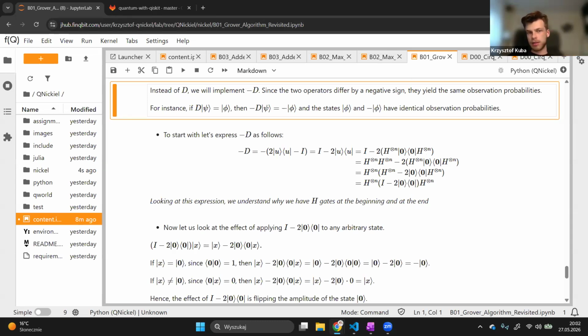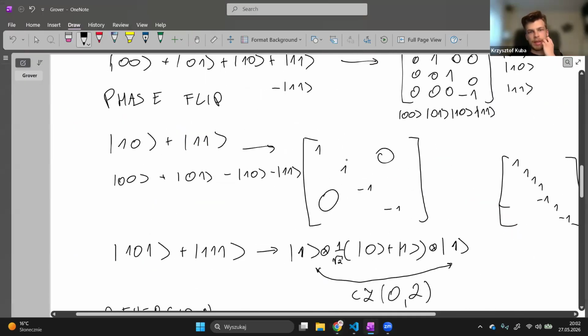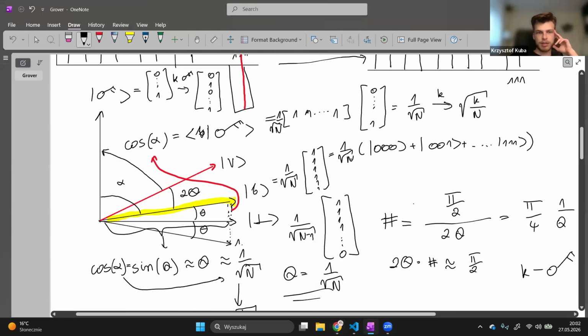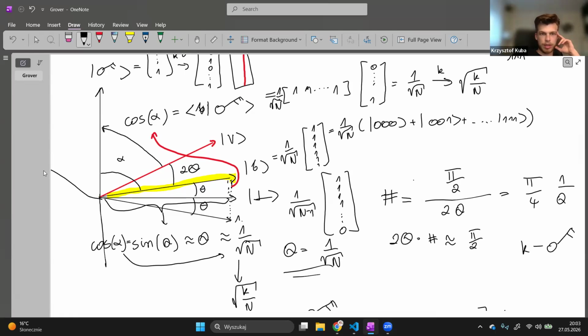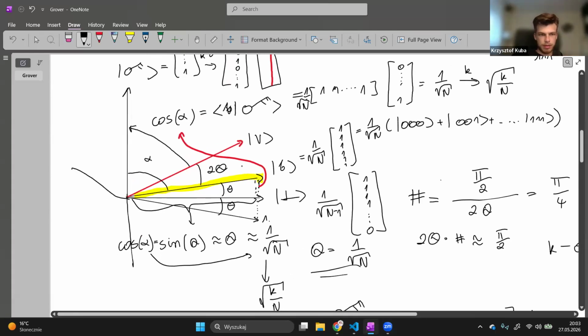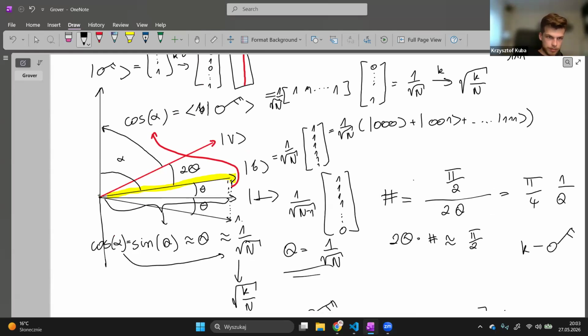Yeah, this can also be viewed on this graph here, doing something with this minus sign phase here. So previously, this should go like here.